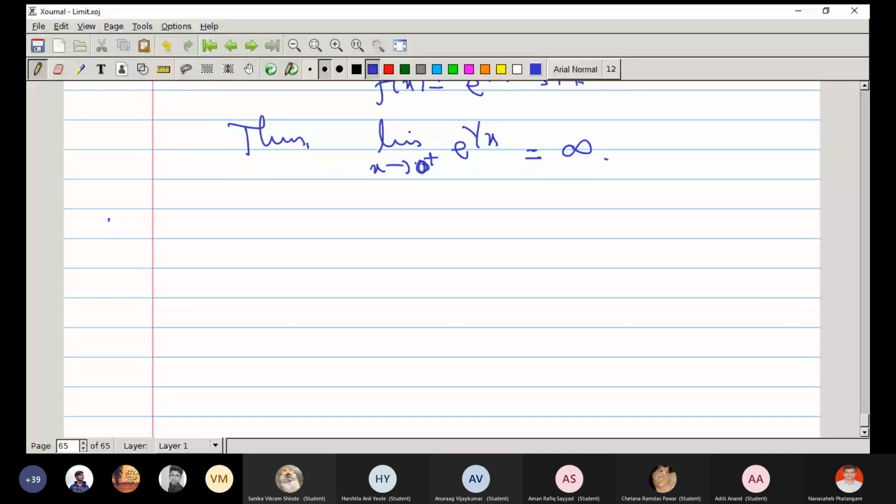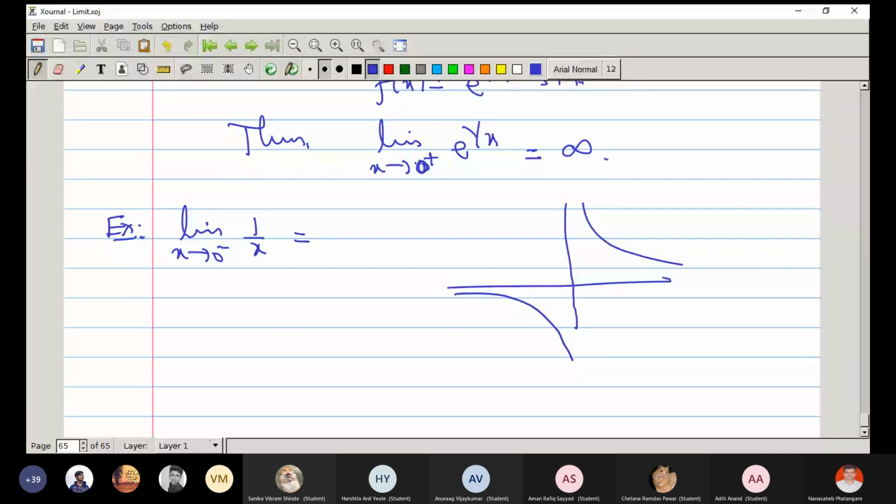Now you also think about what is limit x tends to 0 from left side of 1 by x. What is this limit? If you look at the graph of 1 by x, what is this limit as x tends to 0 minus? Minus infinity?